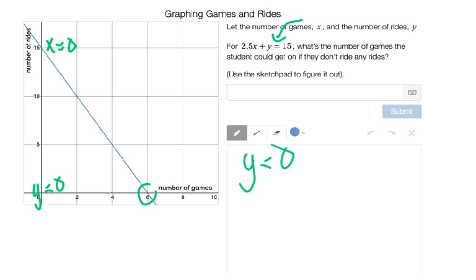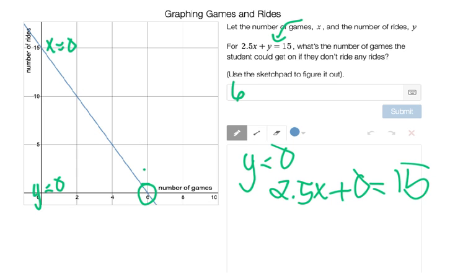Yeah, right here. 6. Can I also use the equation? Sure. I can go 2.5x plus 0 is equal to 15. Remember what I do. 2.5x is equal to 15. Solve for x. Divide both sides by 2.5.